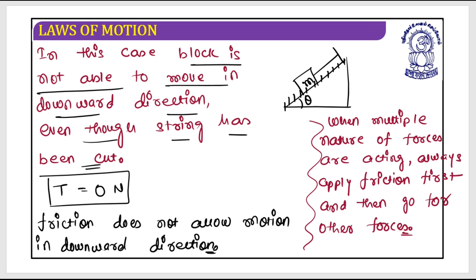When I say multiple natures of forces, I mean if tension is there, friction is there, normal is there. Likewise here it is possible that tension was acting, but what I need to understand is that if the applied or external force is greater than friction, then only will tension come into play. So first you need to account for the frictional force.